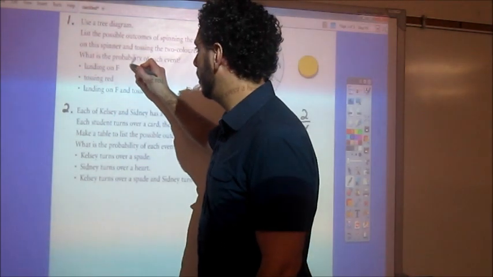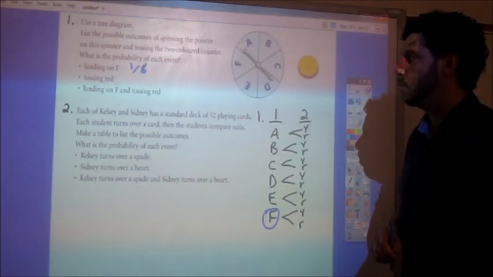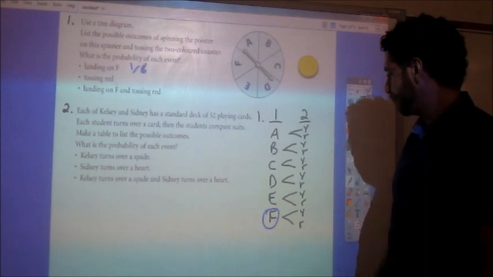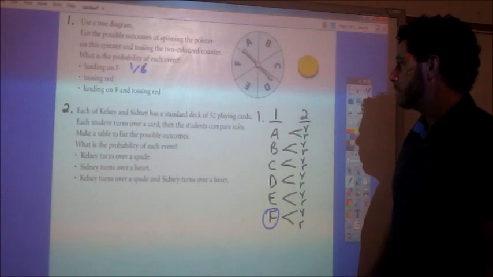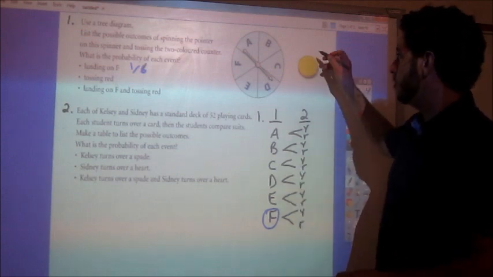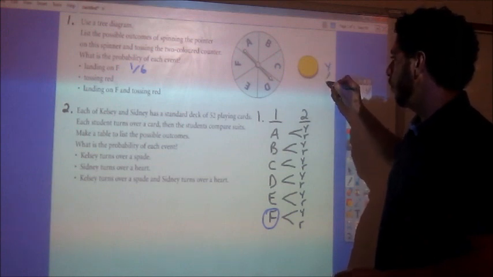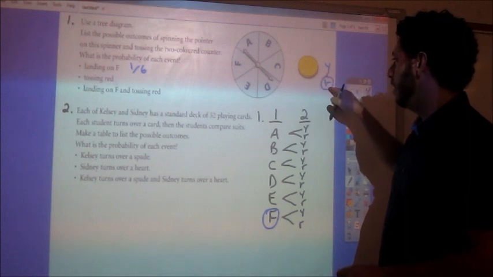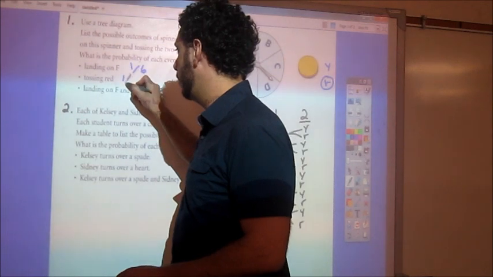One time out of every 6 times, it should land on F. How about tossing red? Well, tossing red on its own, it's either going to be yellow or red. So if we toss red, that is 1 out of 2.